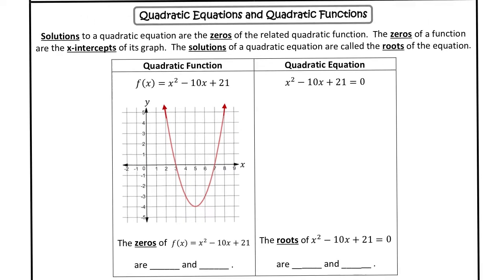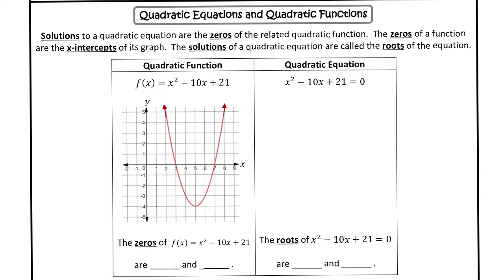Okay, so if we look at this, we have the graph of a quadratic function, and this is the function that's being graphed here. And so the zeros of a function are the x-intercepts.